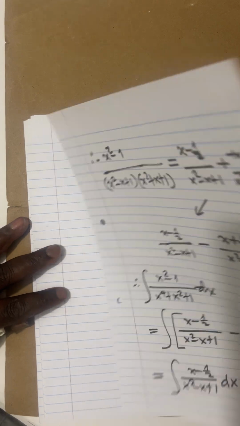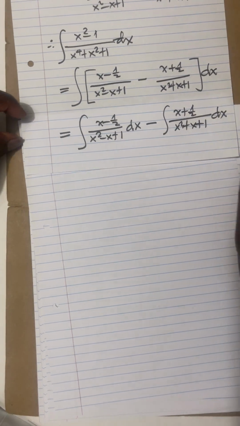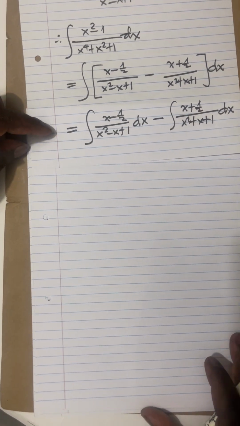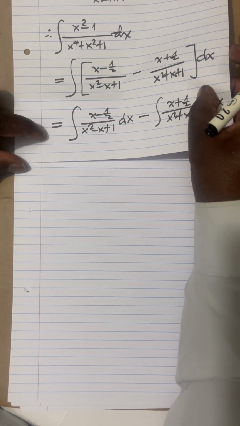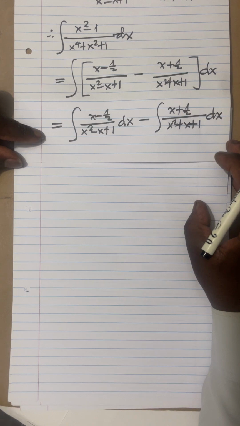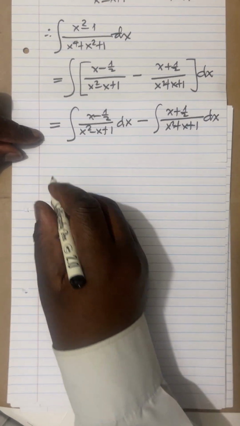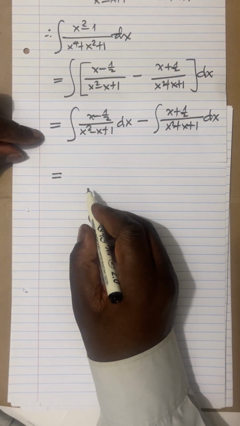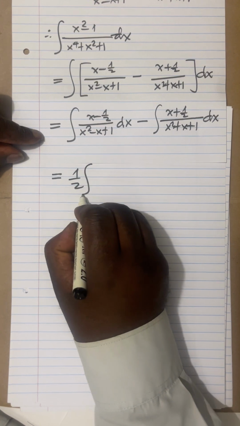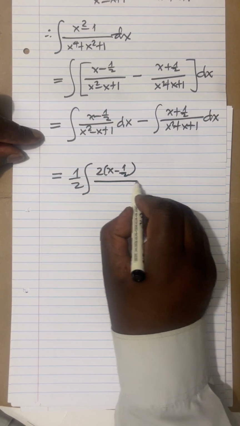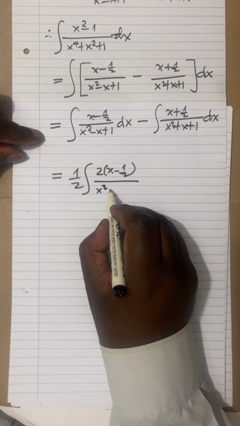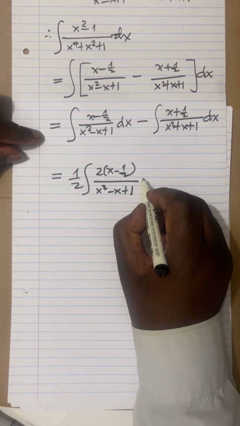So now we're going to say, moving it to the left a little bit, but it doesn't come out of view. This is going to be, watch this, half of the integral of 2 open brackets x minus half all over x squared minus x plus 1 dx.